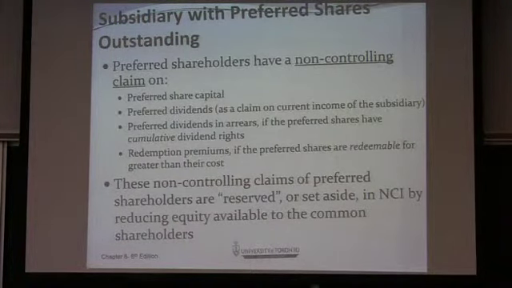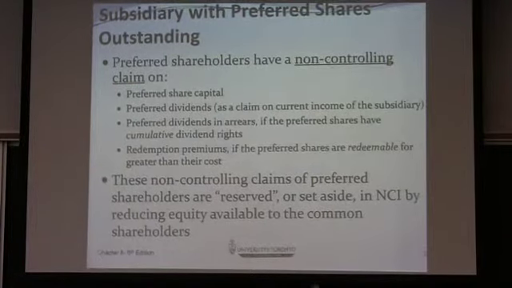Now, in addition, preferred shares may have redemption premiums, if preferred shares are redeemable for greater than their cost. So we also need to incorporate that in calculating the non-controlling interest portion of shareholders' equity of the subsidiary if they happen to have preferred shares.